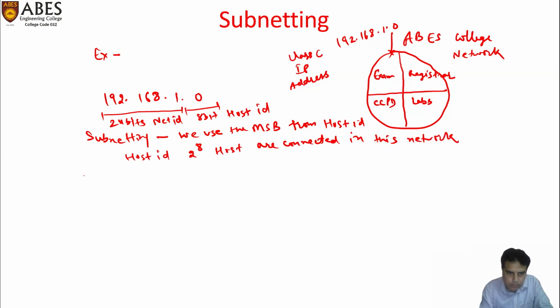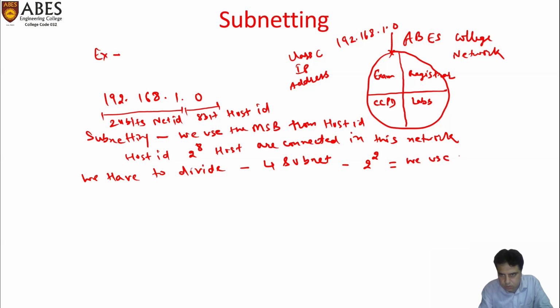Now we have to divide this network into 4 subnets. 4 subnets means 2 raised to the power 2, so we use 2 bits to represent these 4 subnets.